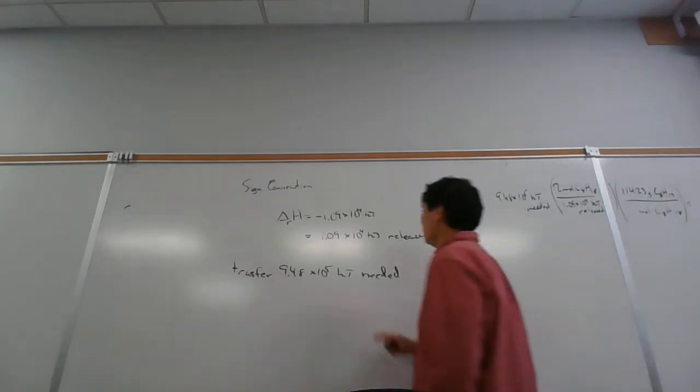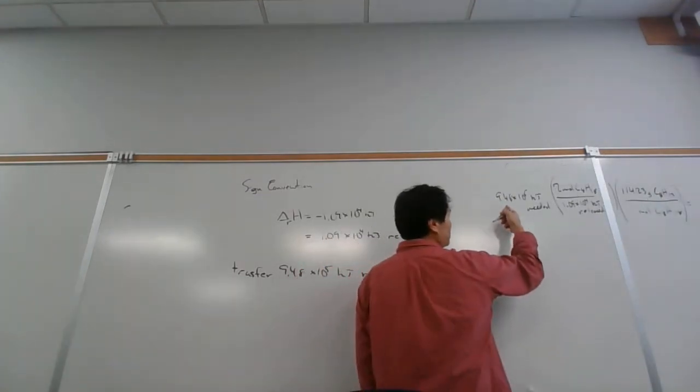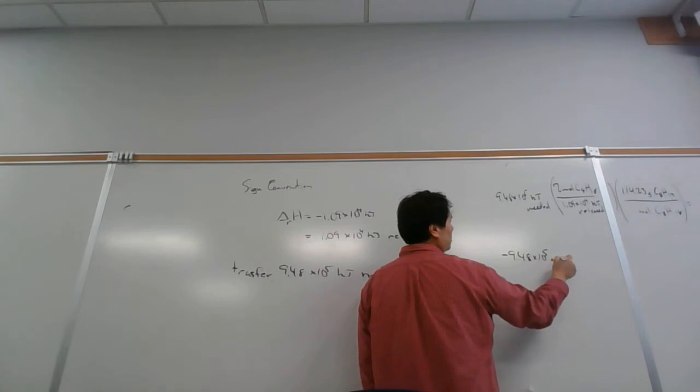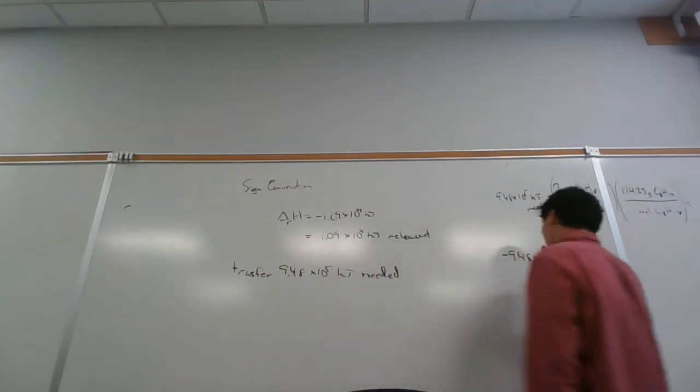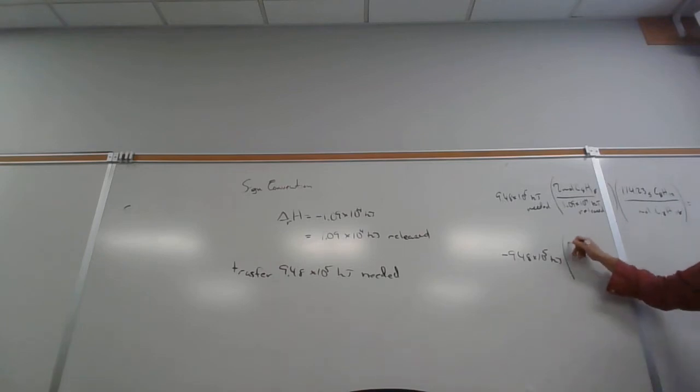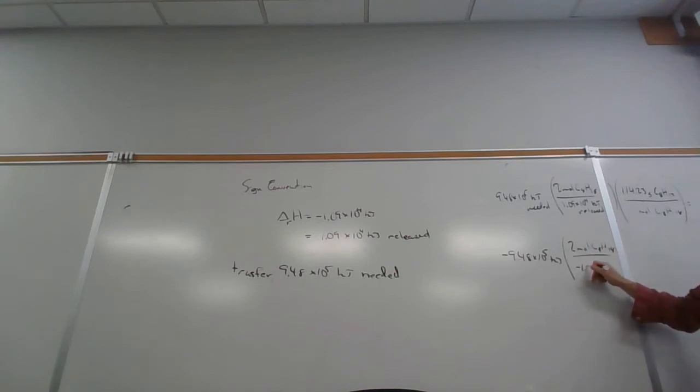The other way that we could do this is we change the sign on this. This is the 9.48 times 10 to the fifth kilojoules negative. Negative meaning it has to be released from the reaction. And the reaction releases how much? 2 moles of C8H18 for every negative 1.09 times 10 to the fourth kilojoules.